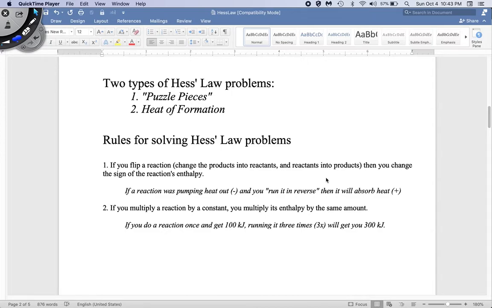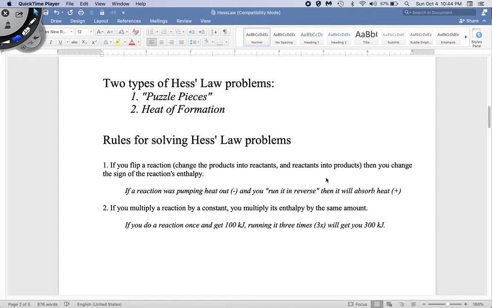If you take a puzzle piece reaction and you flip it, so you change the products into the reactants or the reactants into the products, then you must change the sign of that reaction's enthalpy. So for example, let's say that you are told that a reaction pumps heat out, it's exothermic.